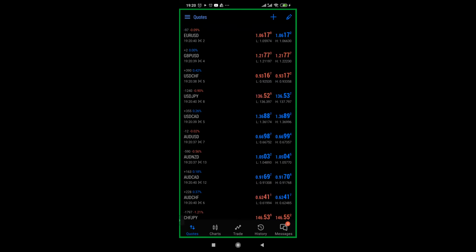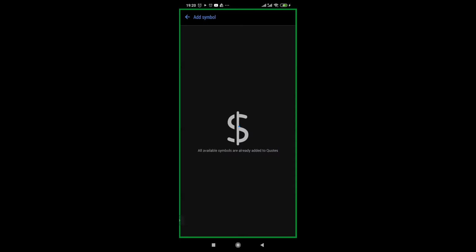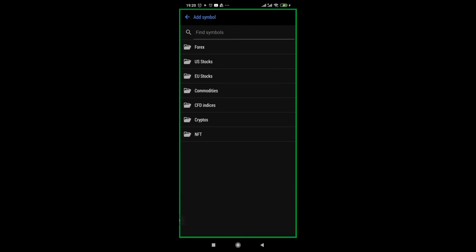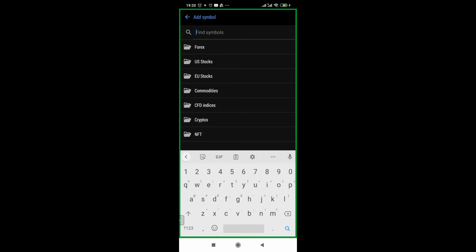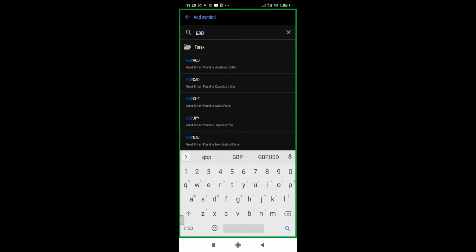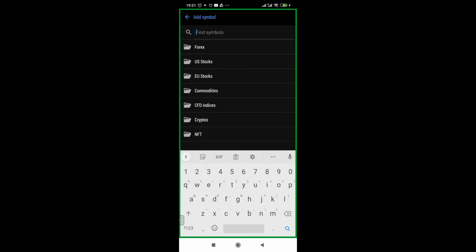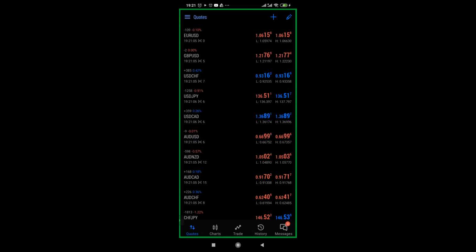That's a button to add a currency pair to this list. When you tap on it, under find symbols, you just type in the pair you're looking for, maybe GBP card or something, and then you add it. Once you do that, it will now be on this quote list.